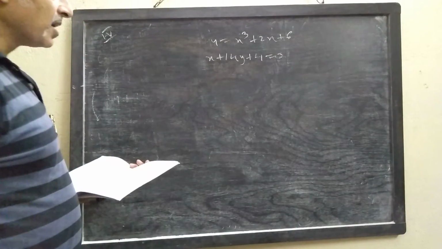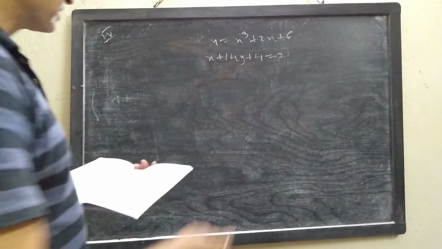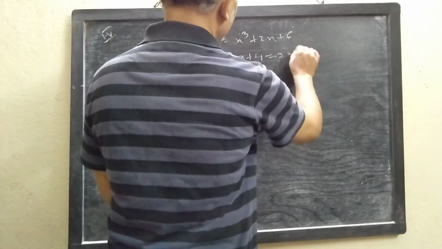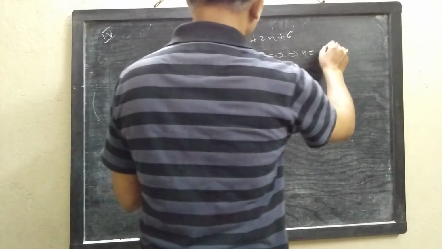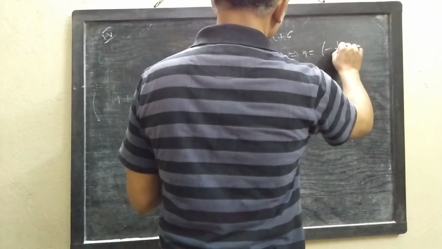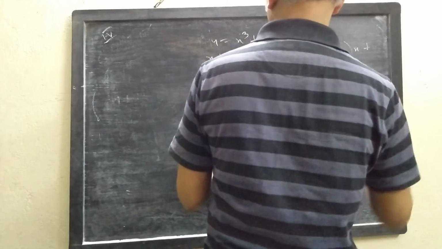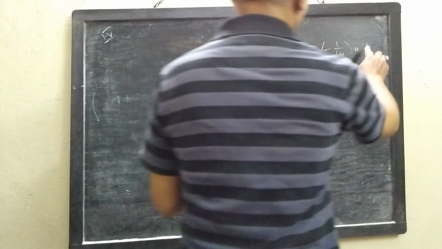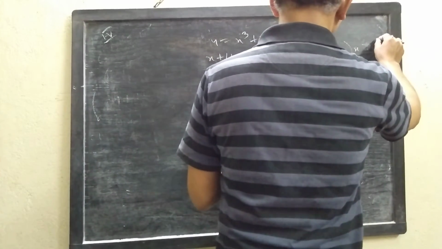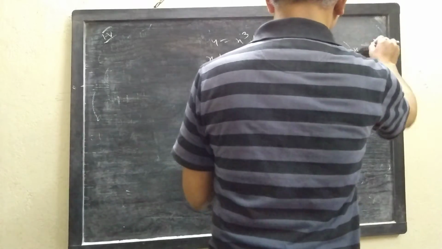Your required normal is parallel to this line. So write it in slope intercept form. You get y equals minus 1 by 14 x plus minus 4 by 14, that is minus 2 by 7.